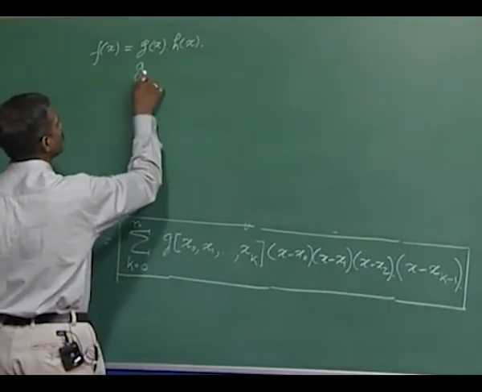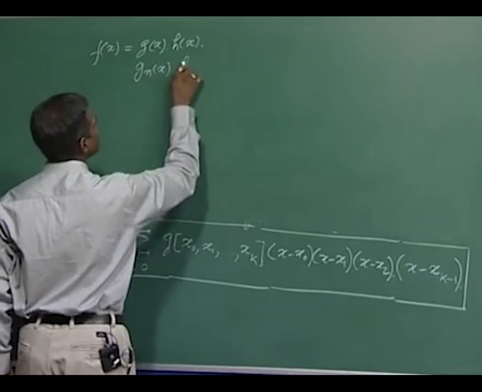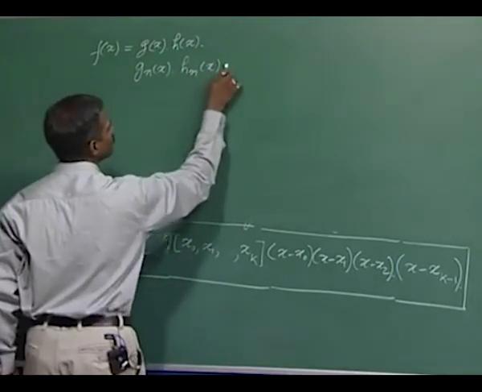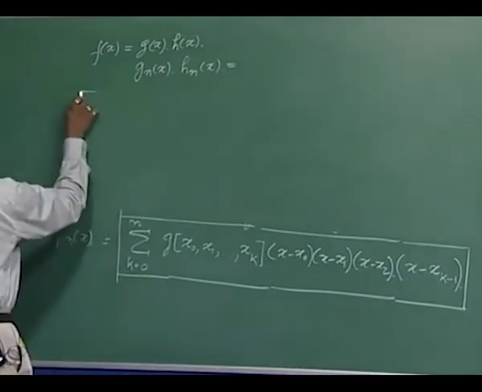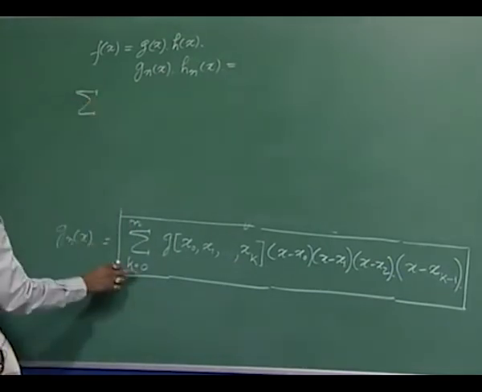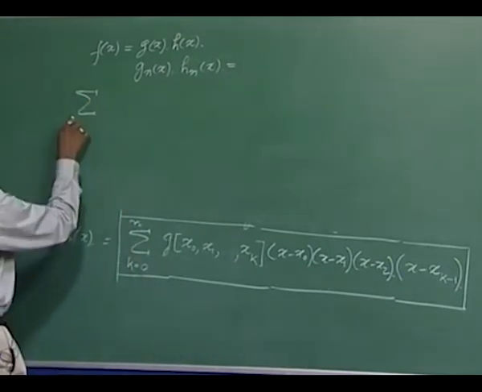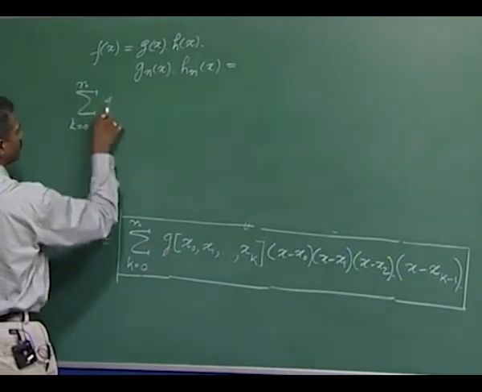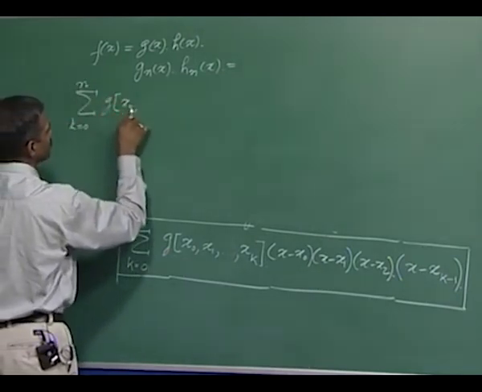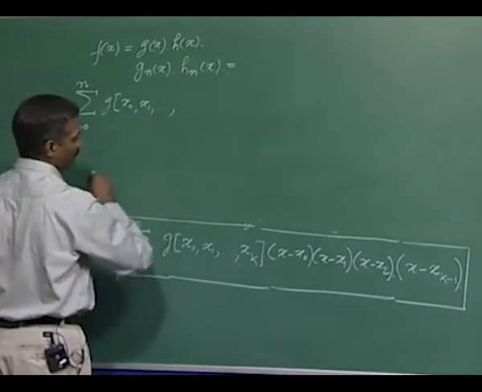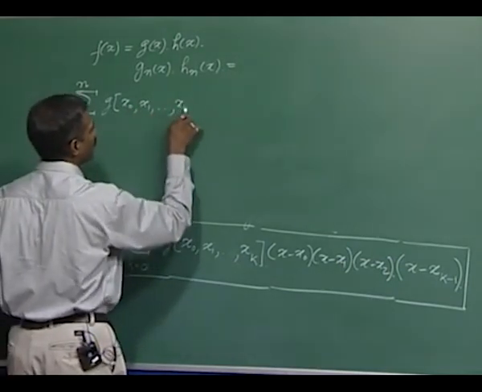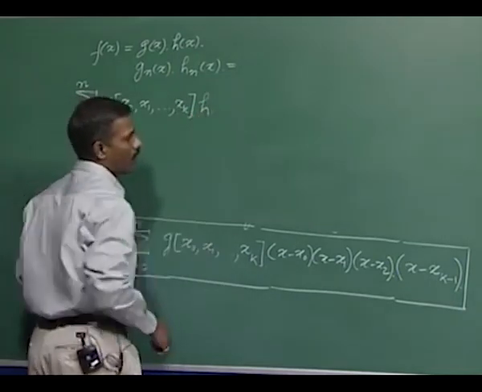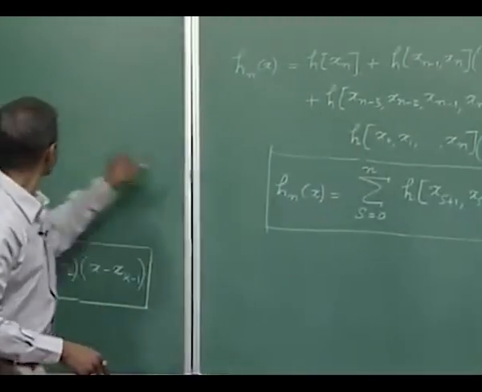So, gn of x times hn of x will be equal to summation, copy this expression here, k equals 0 to n, g of x0, x1 up till xk. Copy this expression here.